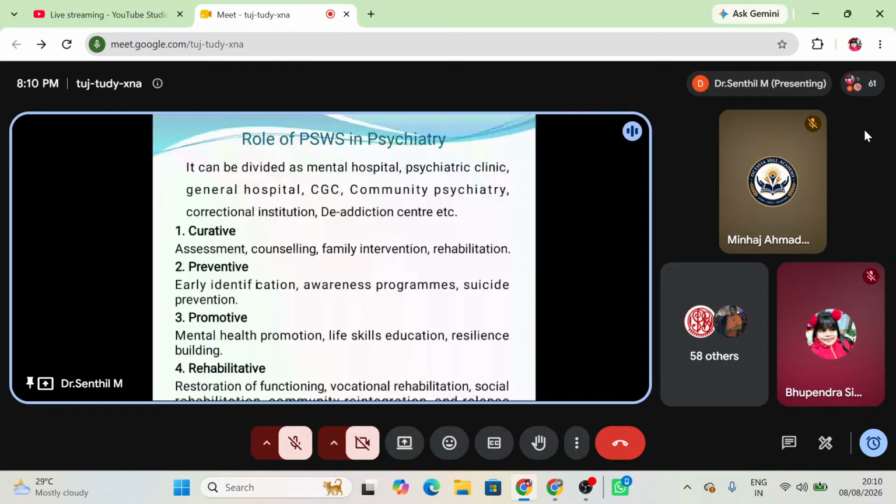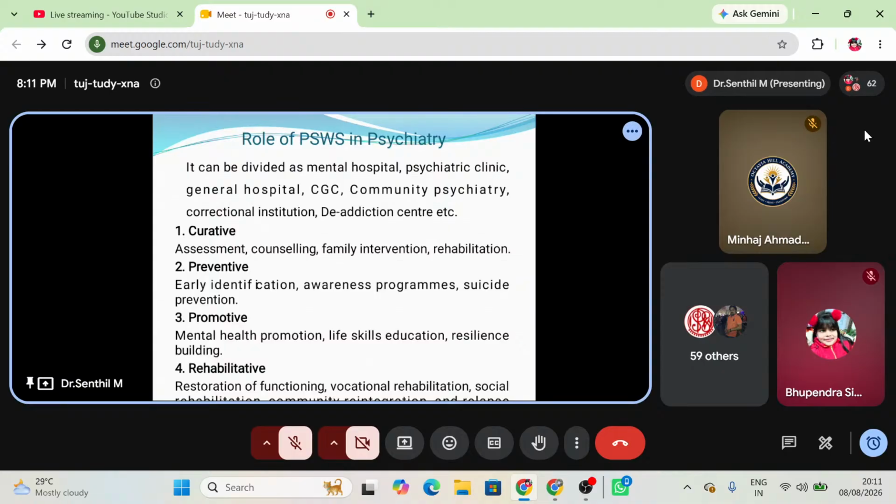To summarize all four roles: the curative role means we address the existing illness. In the preventive role, we reduce risk and prevent recurrence or worsening of the illness. Promotive means we work with positive mental well-being and protective factors.